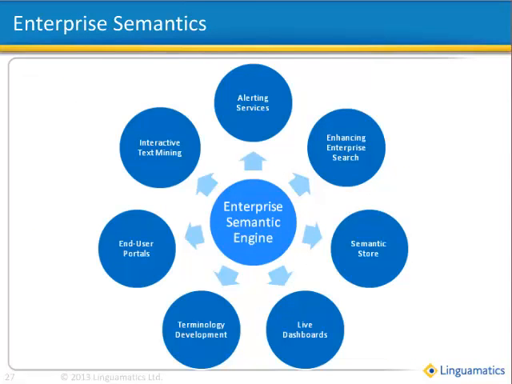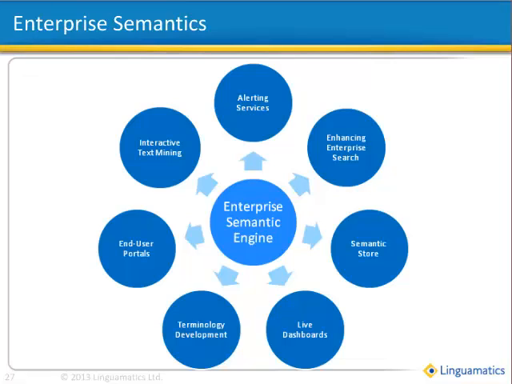Effectively, the text mining is becoming an enterprise semantic engine, which is driving different knowledge management applications throughout the enterprise. It can be things like alerting services. It can be enhancing enterprise search, and I'll say a few words on that in the next slide. It can be taking the knowledge you've extracted from the literature and feeding it into semantic stores. It can be providing live dashboards.